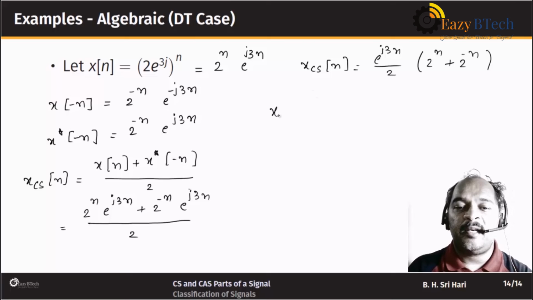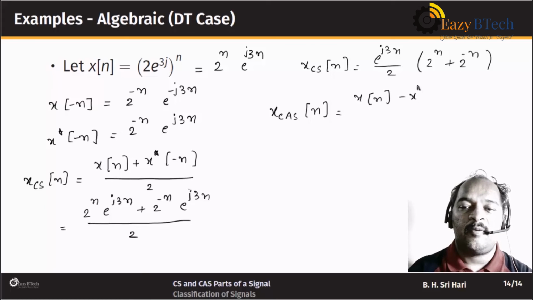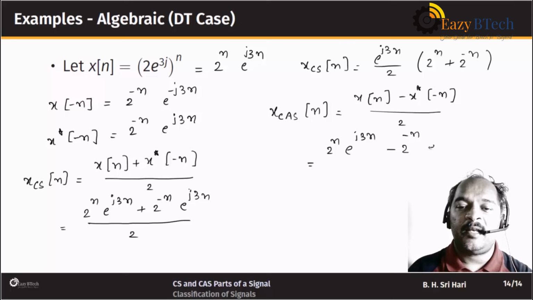Similarly, xcas of n is nothing but x of n minus x star of minus n, whole divided by 2. By direct substitution you get 2 power n times e power j3n minus 2 power minus n times e power j3n, whole divided by 2.